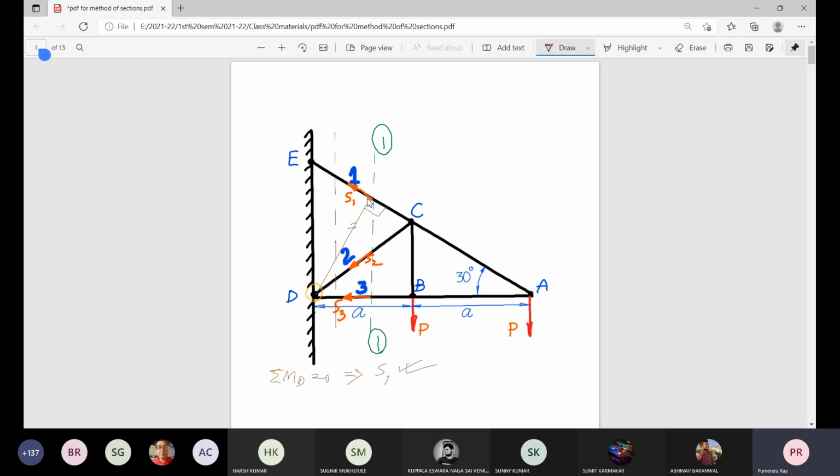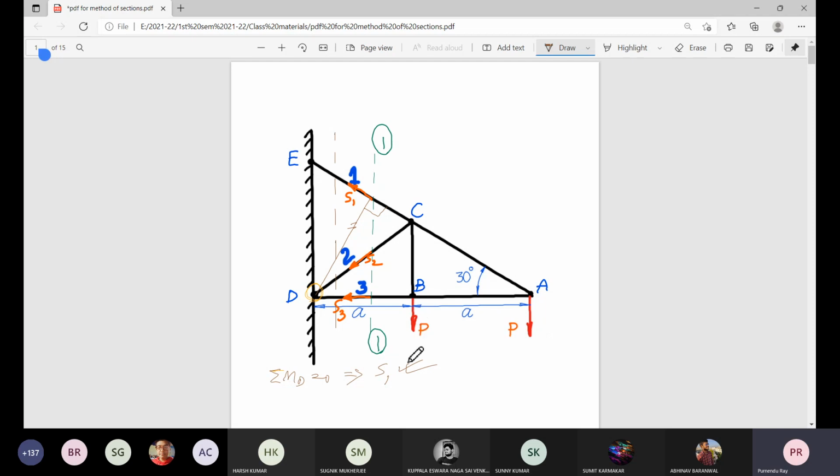So S1 multiplied by twice A sin 30 is the moment due to force S1, and the force P at a distance A and P at a distance twice A are contributing there.